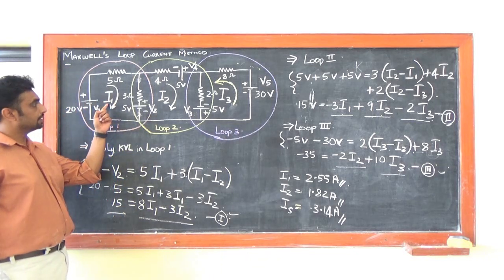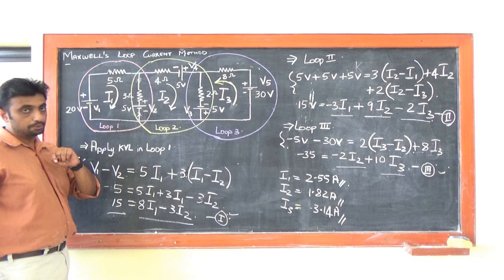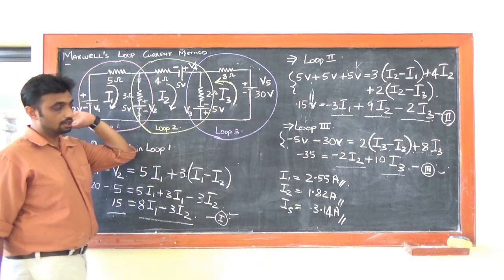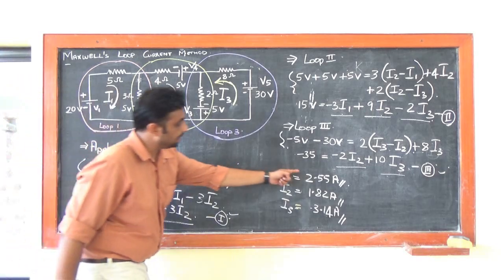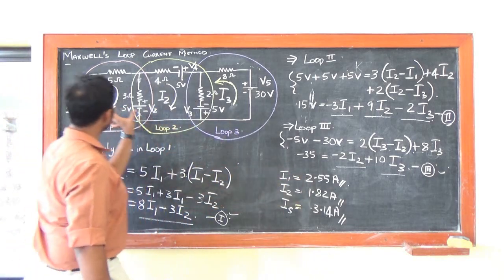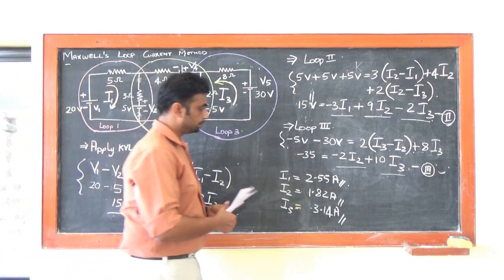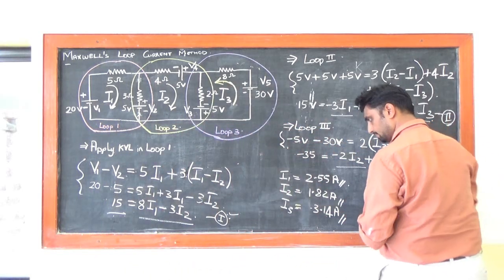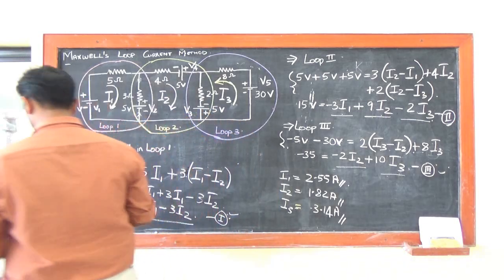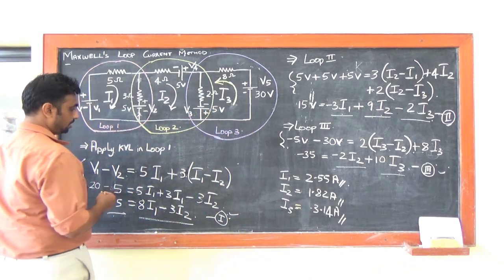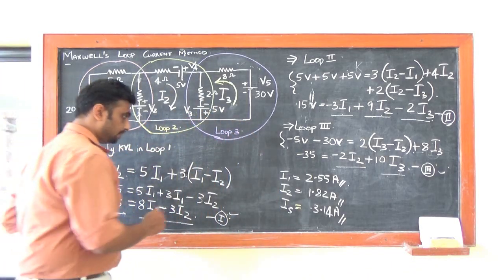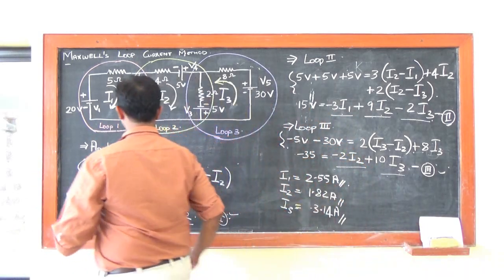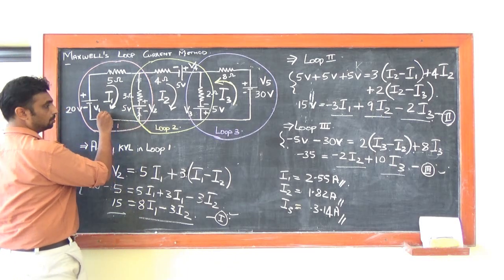So now I got I1 in clockwise, I2 in clockwise, and I3 in anti-clockwise. And these are my currents. Now I will input all these currents in my loops. So my first current obtained for I1 is 2.55 amps for this loop 1.